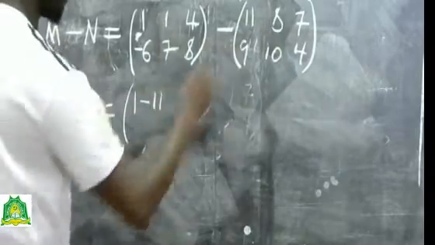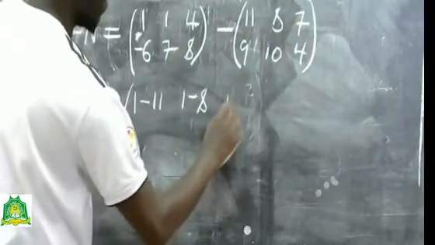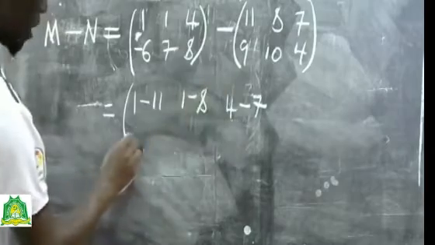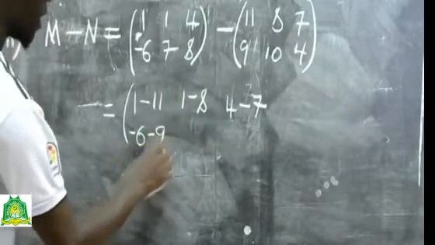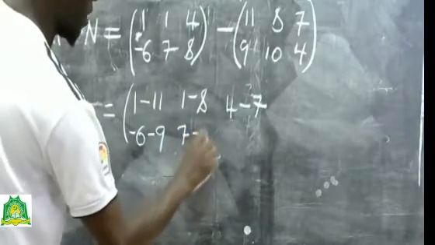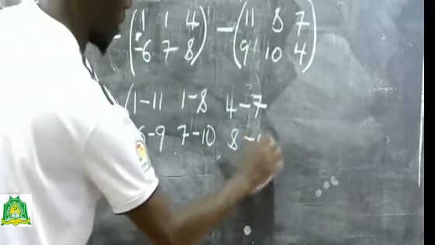This 1 corresponds to 8, 1 minus 8. 4 corresponds to 7, 4 minus 7. Negative 6 corresponds to 9, negative 6 minus 9. 7 corresponds to 10, 7 minus 10. 8 corresponds to 4, 8 minus 4.